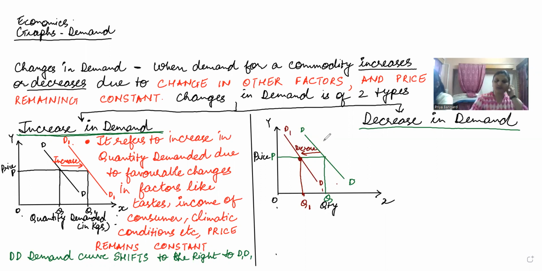To explain better, मैं इसको D1 की बजाय D2 लिख देती हूँ. D2, D2. Okay. So decrease in demand क्या होगा? It refers to decrease in quantity demanded.